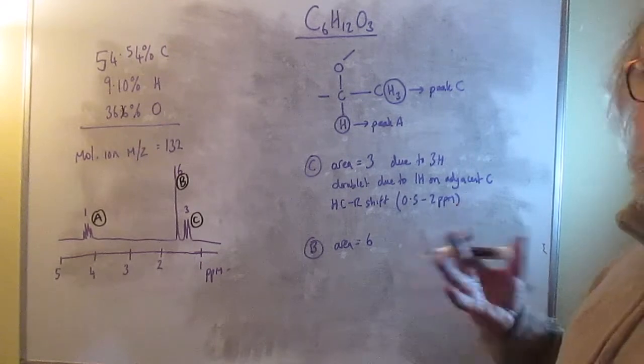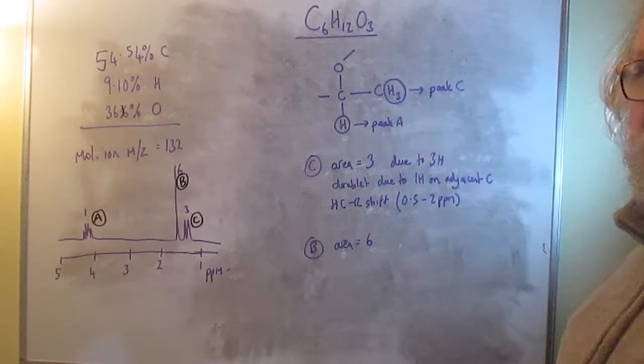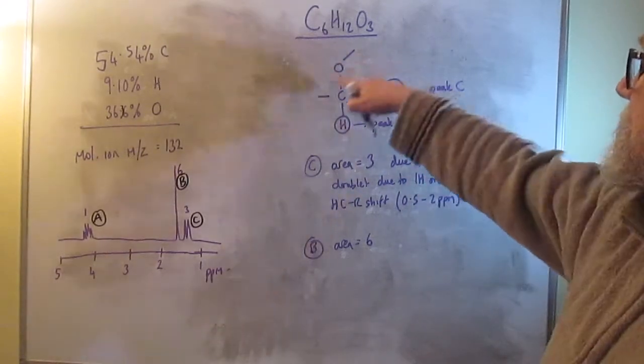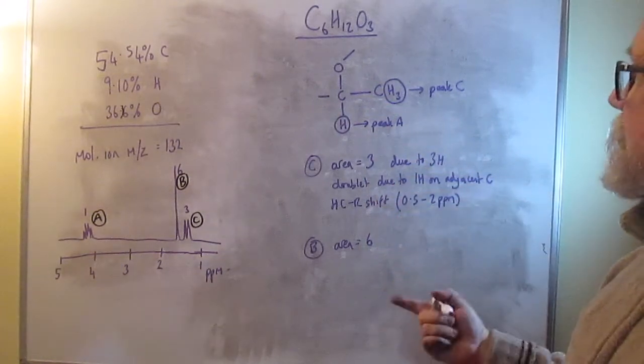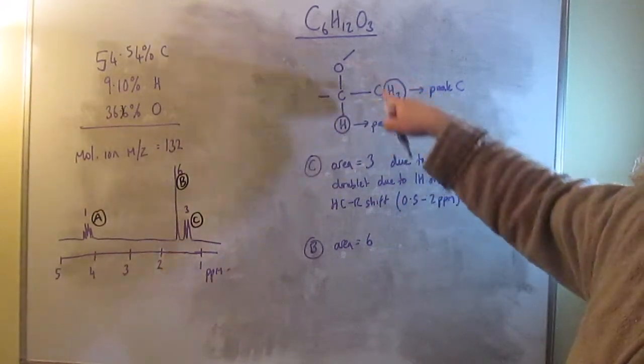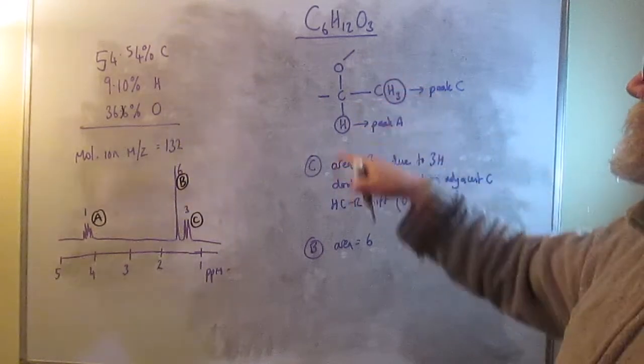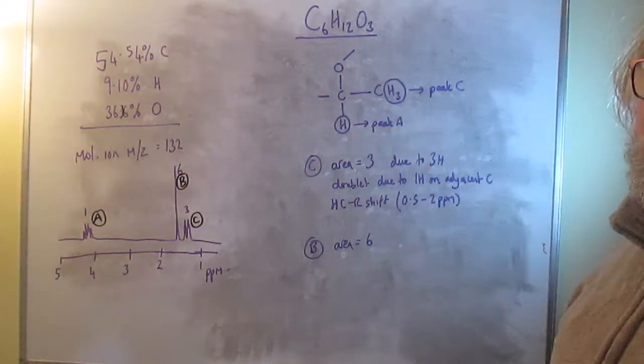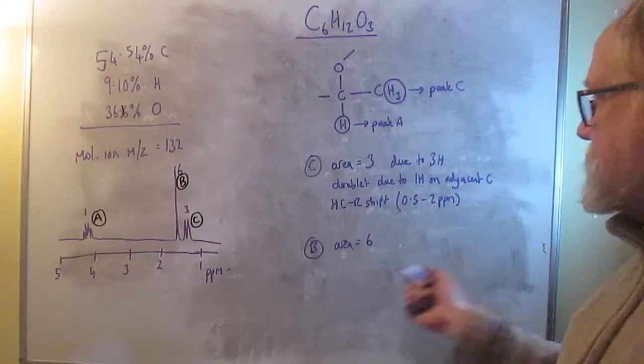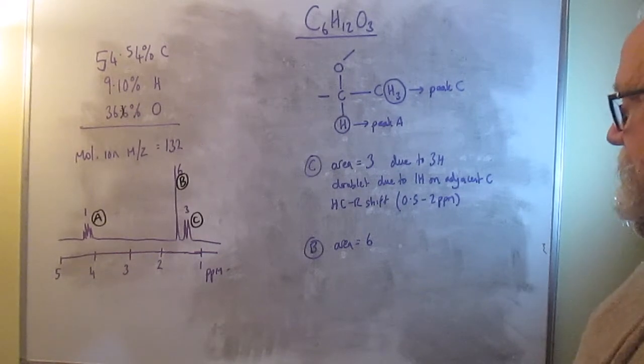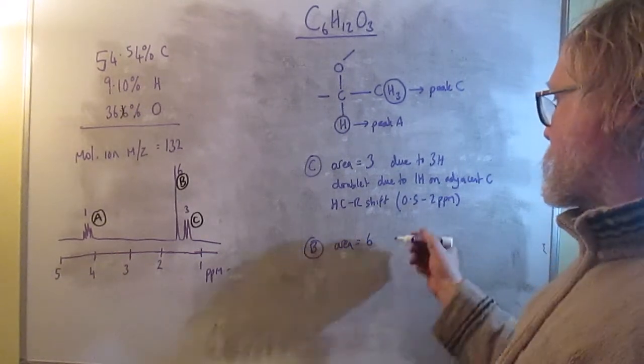Because it could be 3 CH2s, but that requires a very high degree of symmetry. You can see from this that this molecule doesn't look like it could be symmetrical, because you haven't got any sort of symmetry there at the moment. You've got 3 different groups around there. So almost certainly B is going to be 2 different methyl groups.